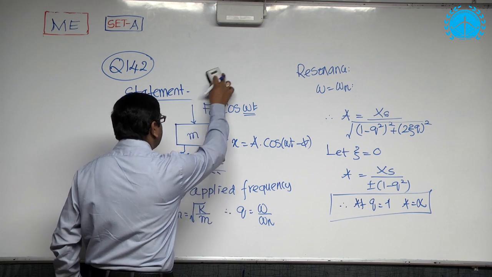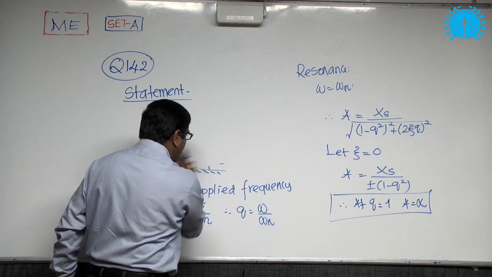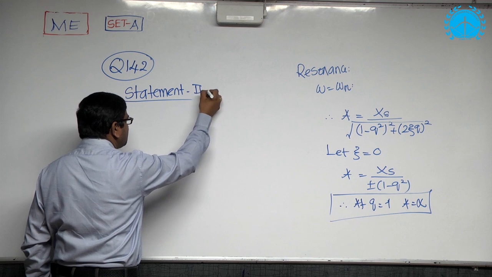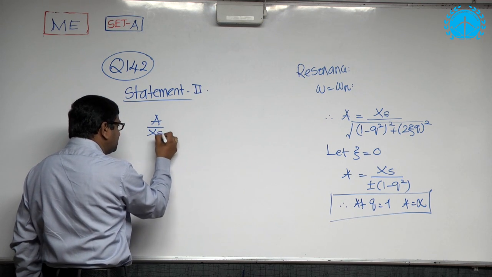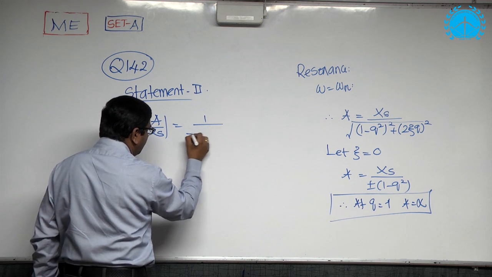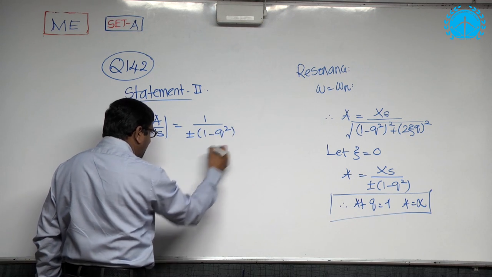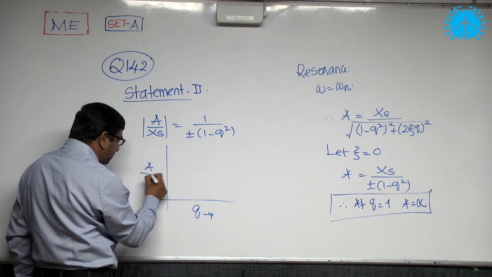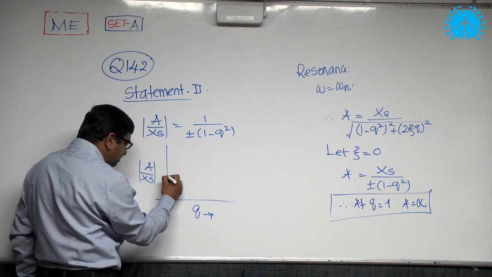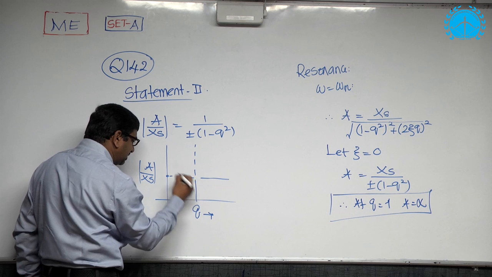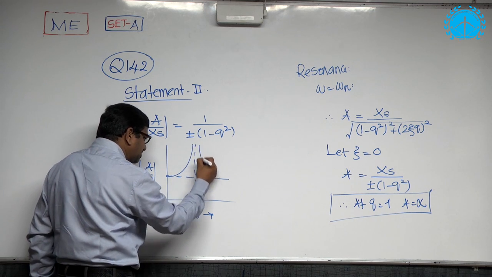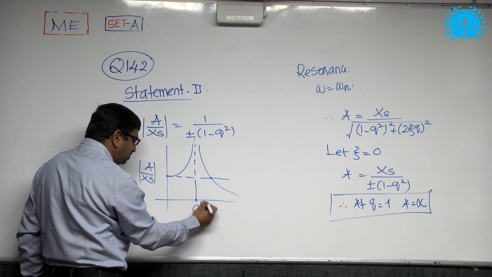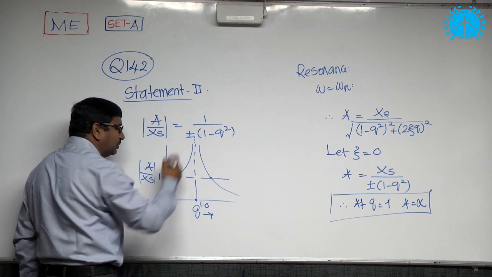For the same case we are discussing, if I draw the plot of A by xs, which equals 1 by plus or minus (1 minus q squared), against q, it shows a clear variation. In the initial stages the value peaks up, and at q equal to 1.0 it reaches a very peak value, or infinity.